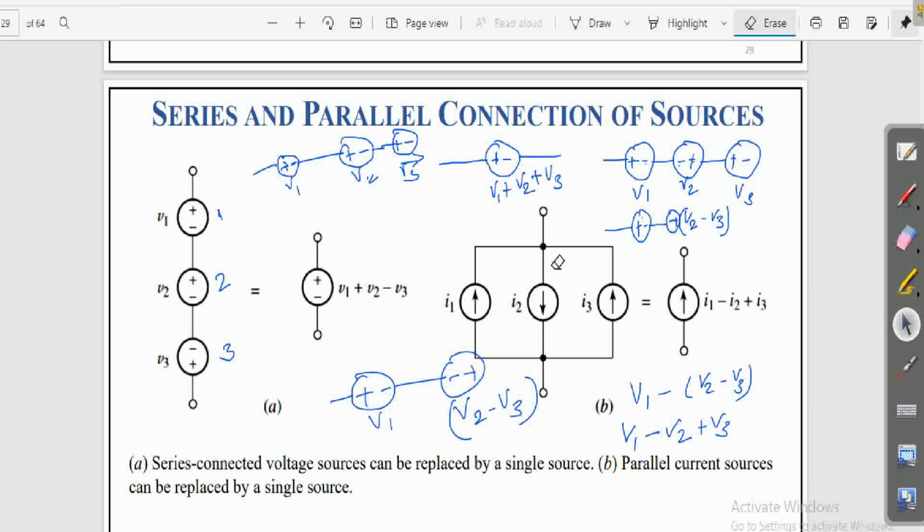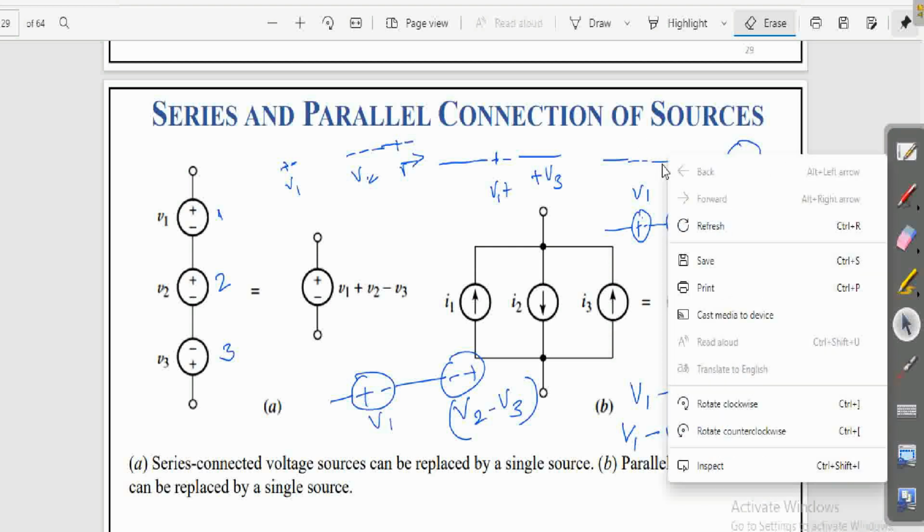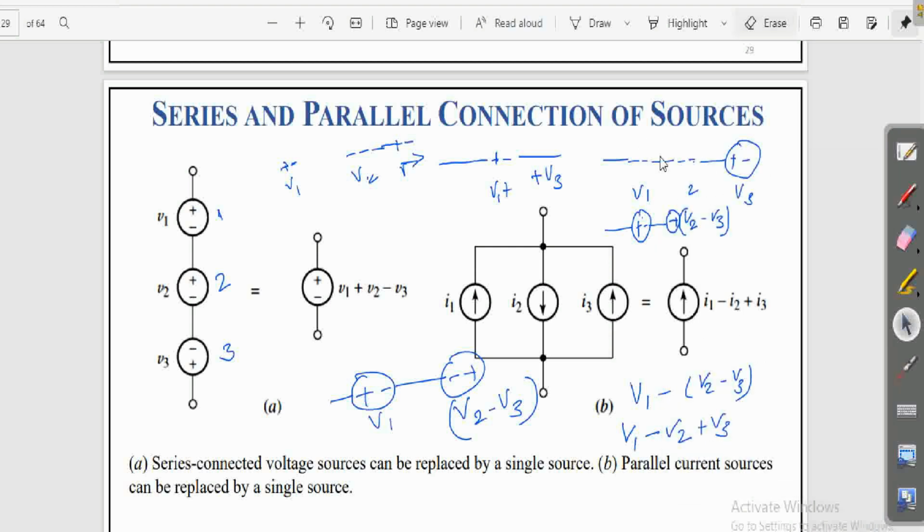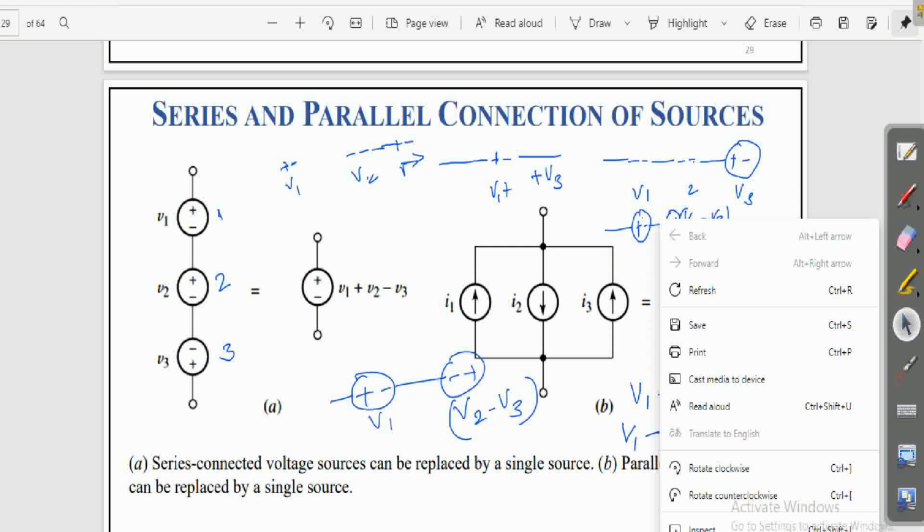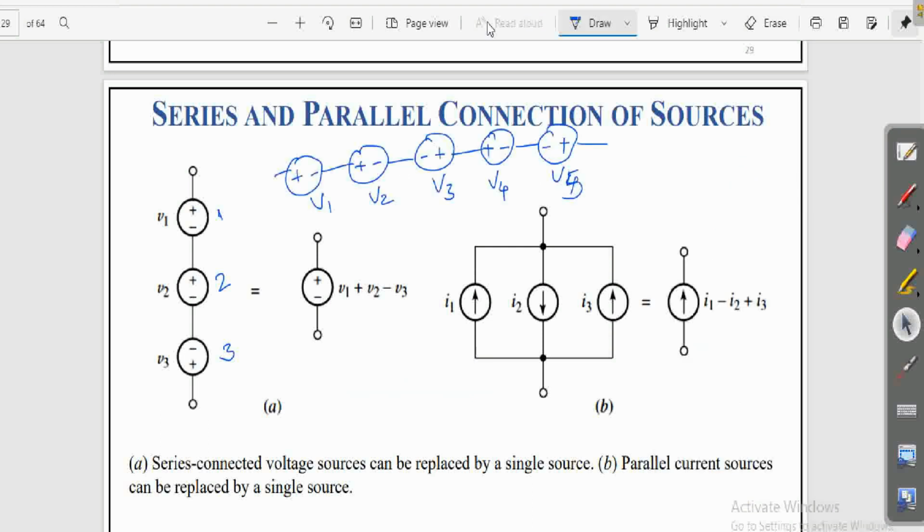Instead of going like this, if I have too many sources, how do we directly replace these multiple sources with a single source?